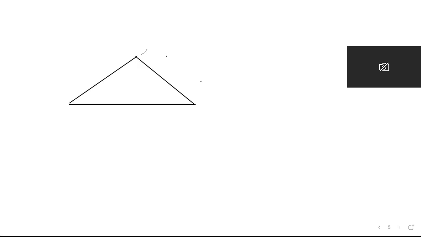As a refresher, I'll review that. If we have a triangle with A, B, and C, these each represent an angle of this triangle. They can be any acute angles.